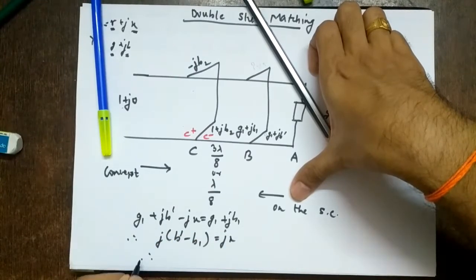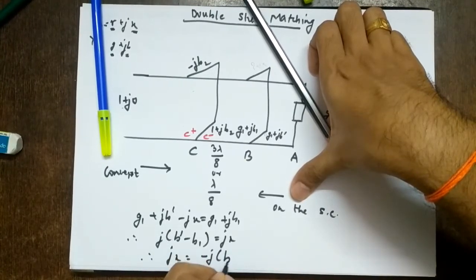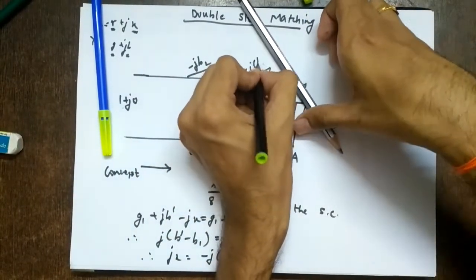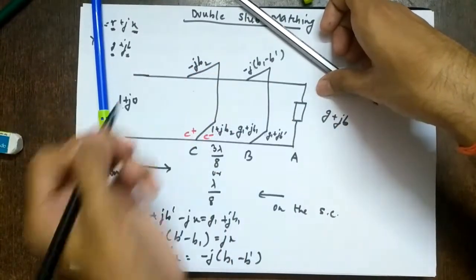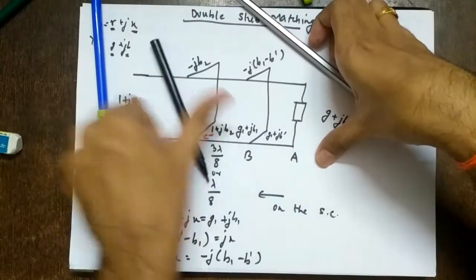Since we require negative, I am taking the minus sign outside, so JX equals minus J times B1 minus B prime. Fine. So this is the way we have to design a double stub. And what is this distance?